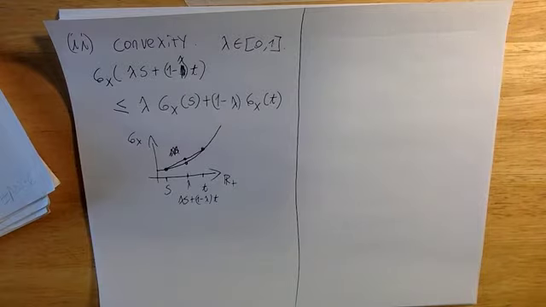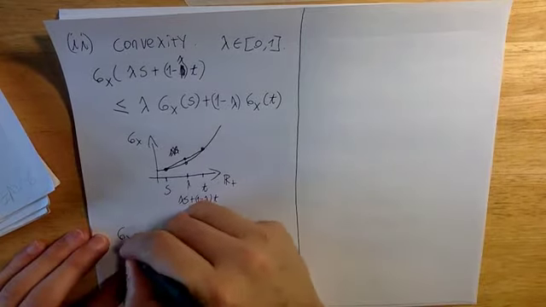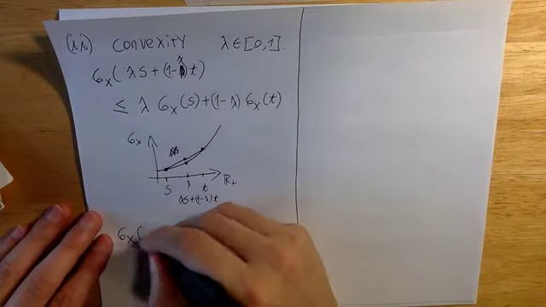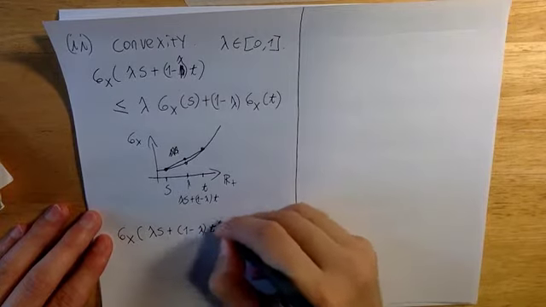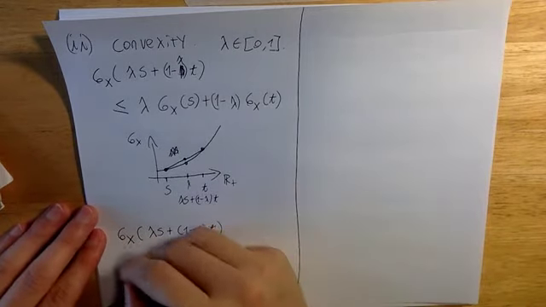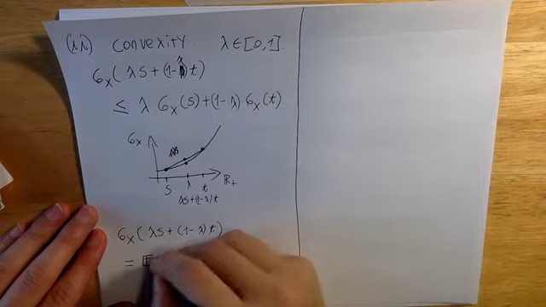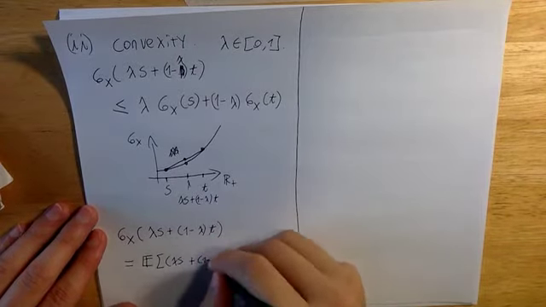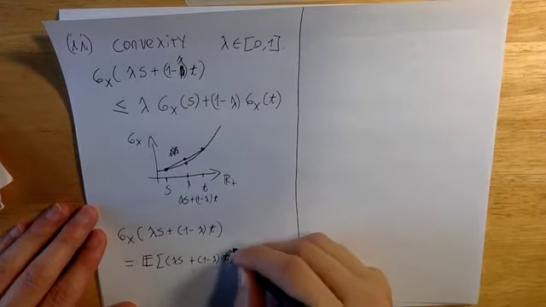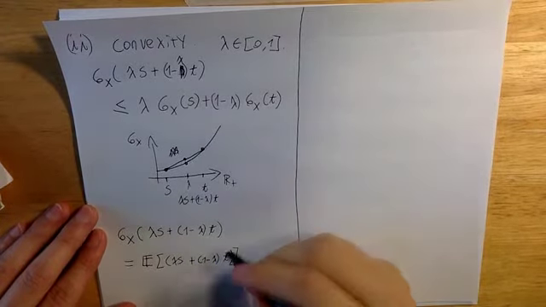Okay, so how do we prove this? So the idea is to take gx at lambda s plus 1 minus lambda t, which is just the expected value of lambda s plus 1 minus lambda t to the x.